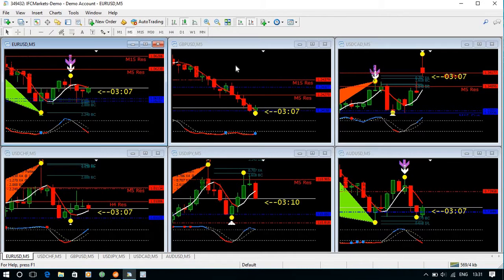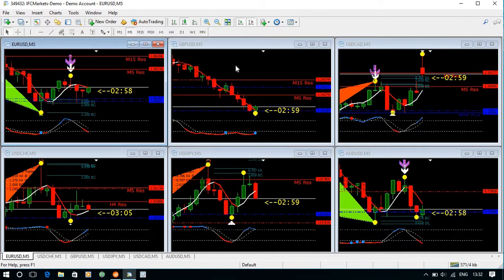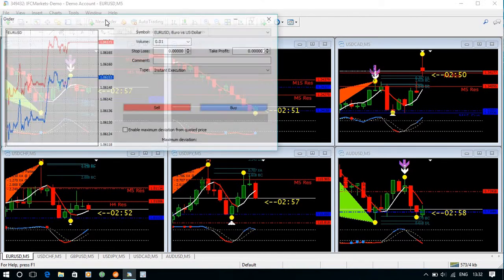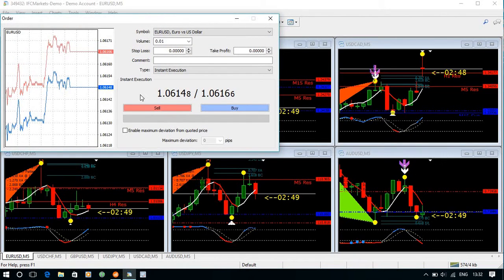Now, if you're trading Forex, this platform is primarily for Forex, but obviously you can use it for binary options. You can put your own broker into this as well, so you don't have to go onto your broker separately.